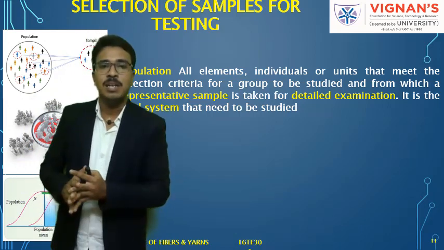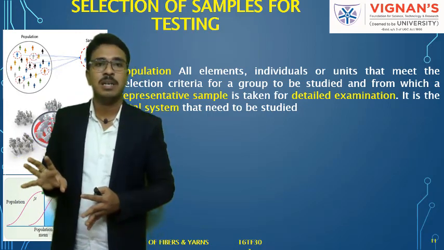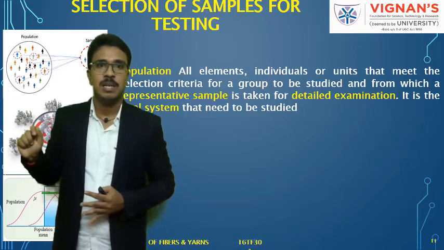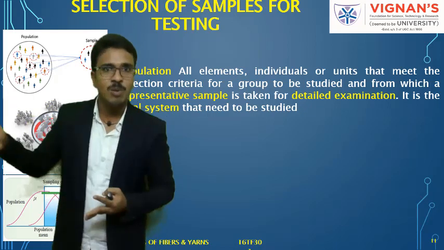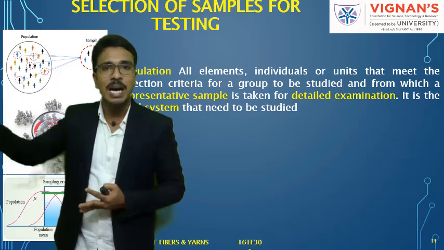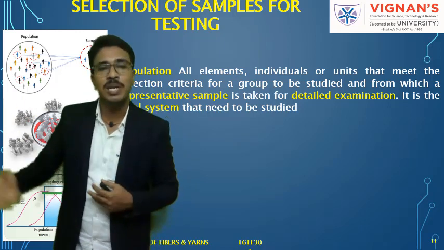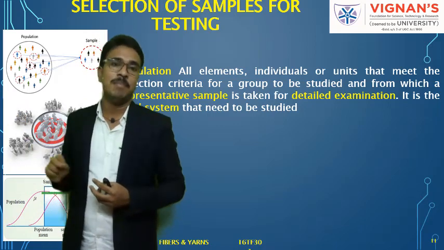For example, if you have to test 1000 garments, 1000 garments is your population. If you want to know the quality of your 1000 garments, you are going to pick a few garments out of 1000, say for example 10, 20 or 30 garments. That is nothing but the sample.